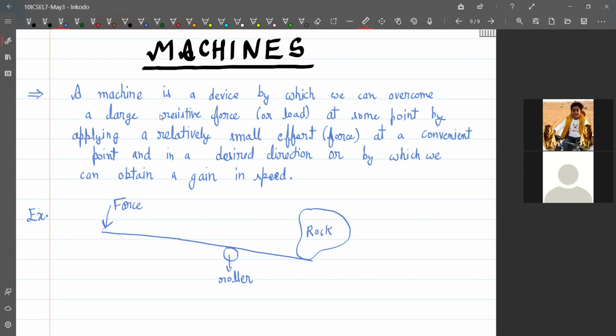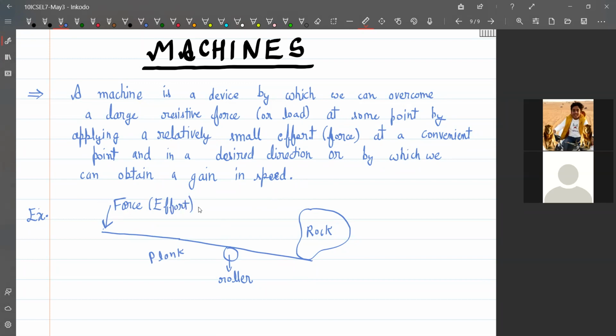So here what we are doing, we can overcome a large resistive force or a load. This load is applying a force on this plank in the downward direction. And you can overcome this resistive force by applying a relatively small force or your effort.